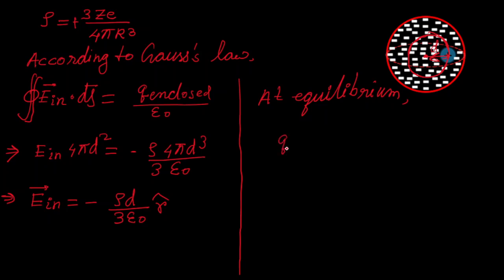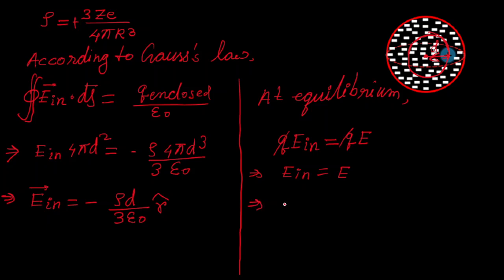One is Q into E internal, which will be radially inward, and it is equal to Q into E external, which is radially outward. So these two forces must be equal to each other. Q will cancel out from both sides, so we get E_in is equal to E external electric field.